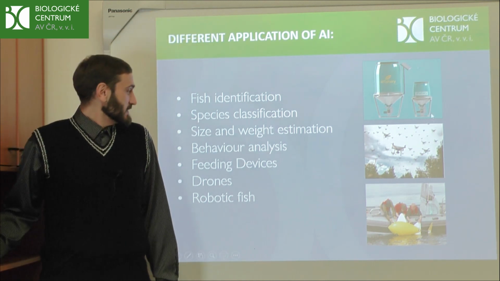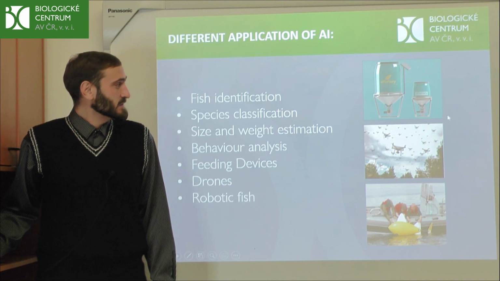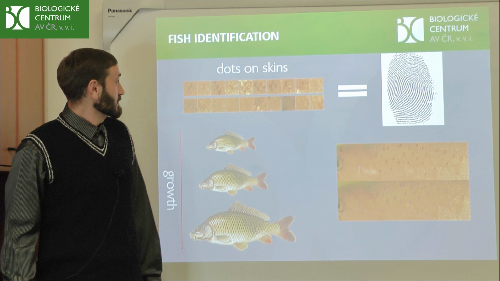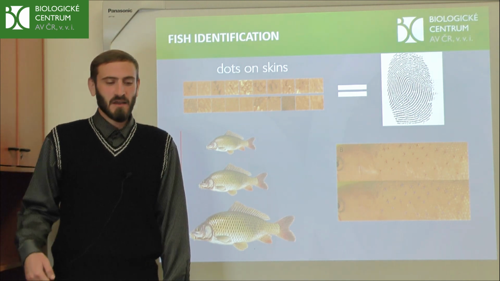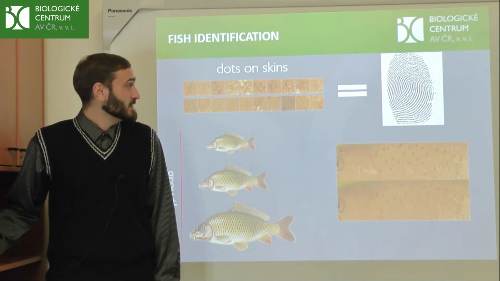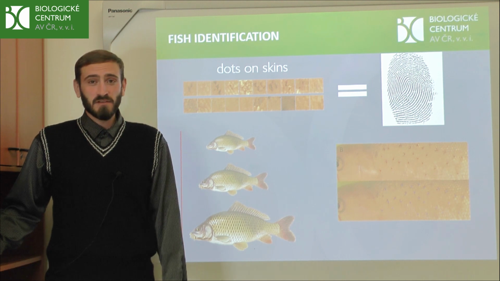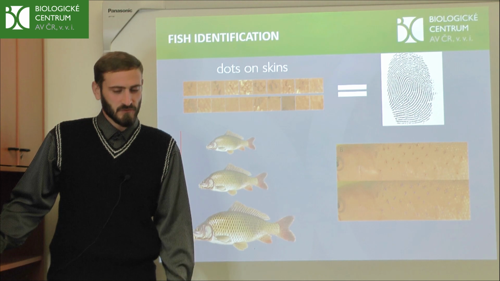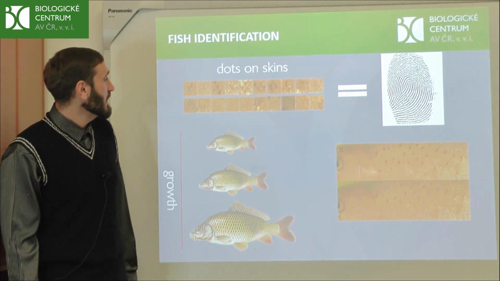So these are the main fields where it's used. And now I want to go slightly deeper into where we are using it at the Institute of Hydrobiology and at the Institute of Complex Systems in Nové Hrady.